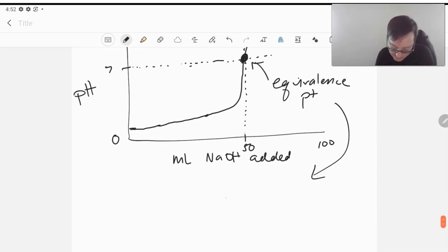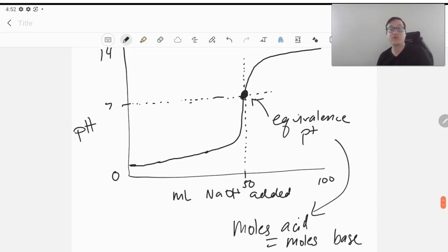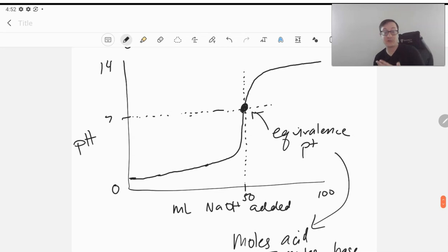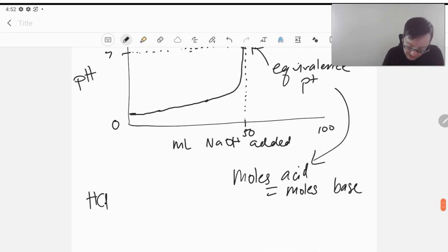Let me just write that down here. At the equivalence point for a strong acid, strong base titration, we would expect a pH of 7, right? As HCl and NaOH react, we make NaCl plus water.